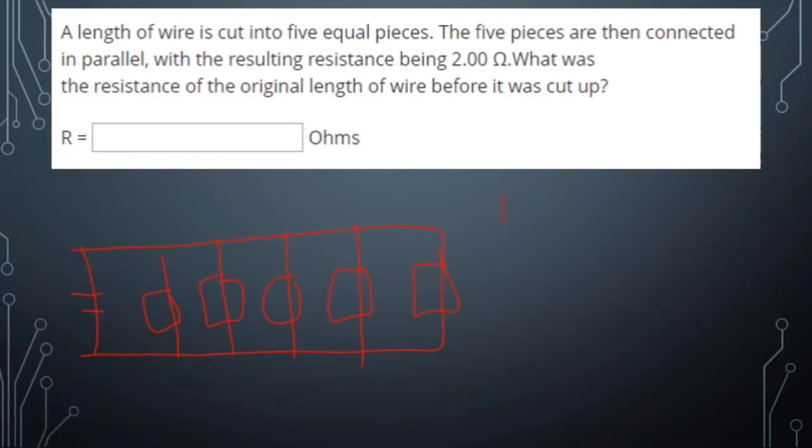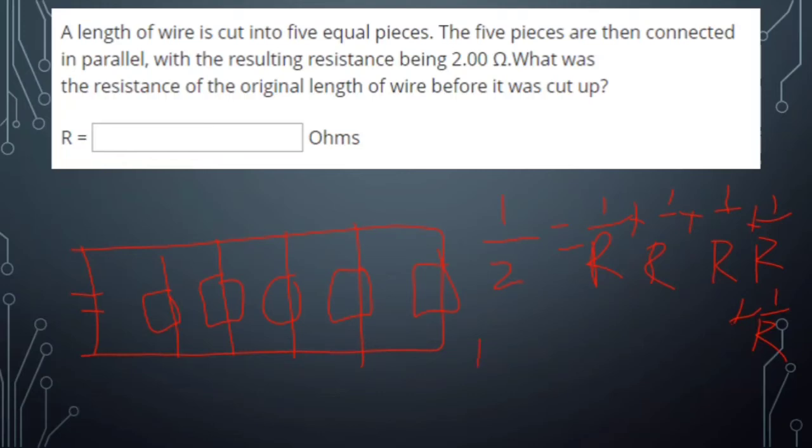So 1 over the 2 ohms, that's your R total, is going to be equal to 1 over R plus 1 over R plus 1 over R plus 1 over R plus another 1 over R. So you have 1 over R 5 times.